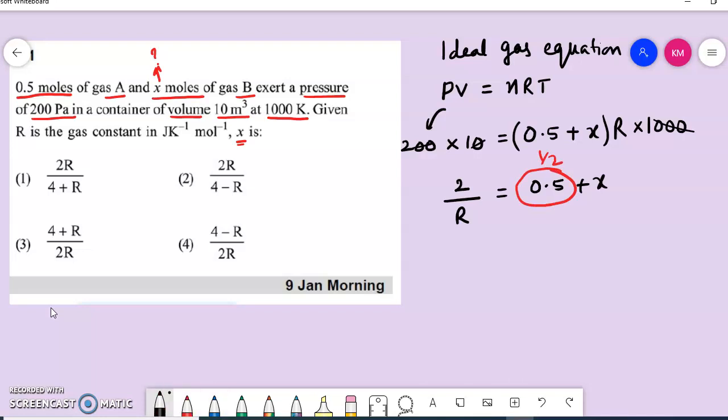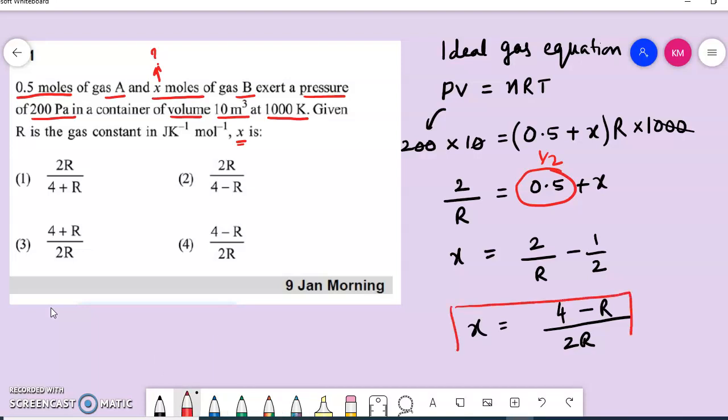So X is equal to 2 by R minus 1 by 2. Take LCM, you will get 2R. Then here 4 minus R. So X is equal to (4 minus R) upon 2R. This is the X value, guys. So option 4 is the correct answer.